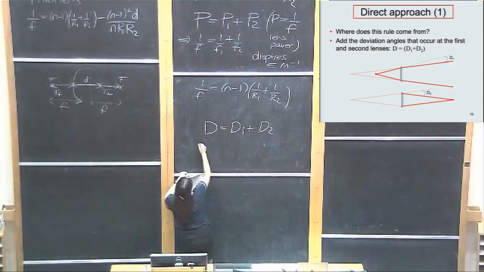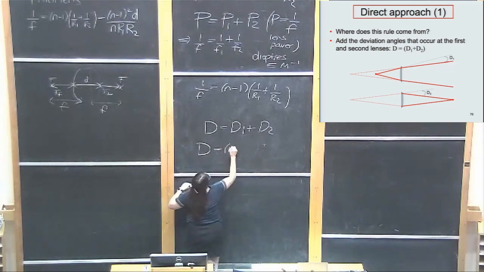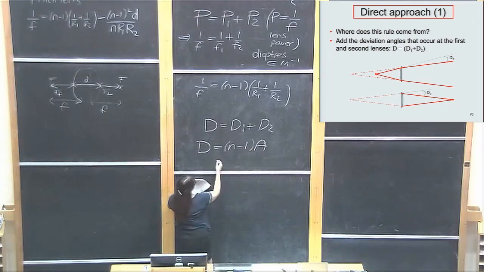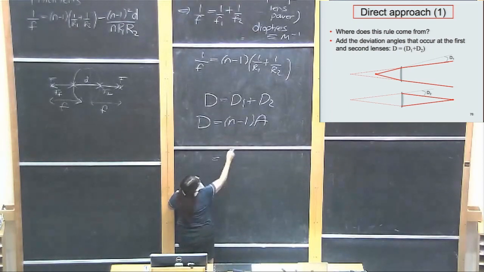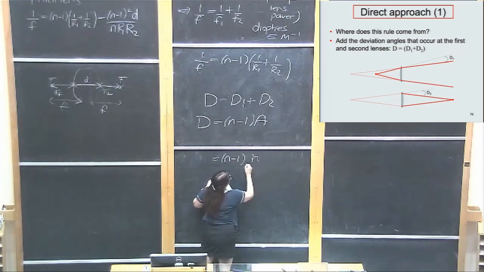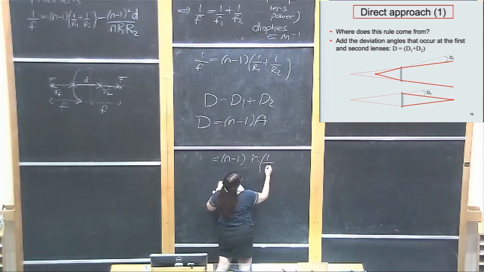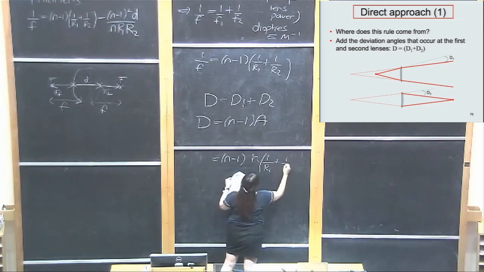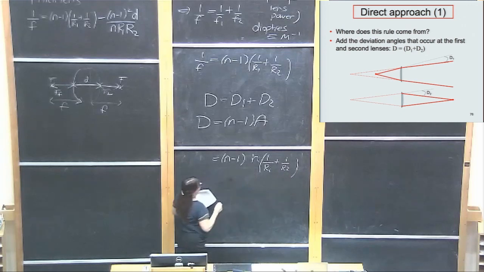We know from what we did on prisms that the deviation angle looks like that, and that is the apex angle of the equivalent prism, given by that in the general case.